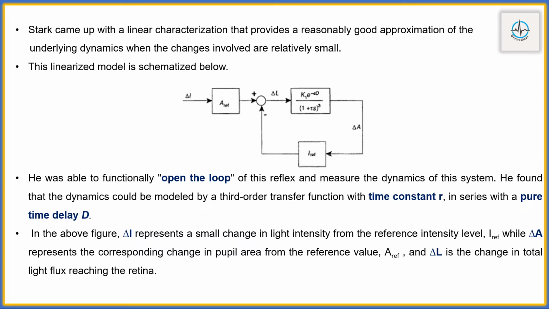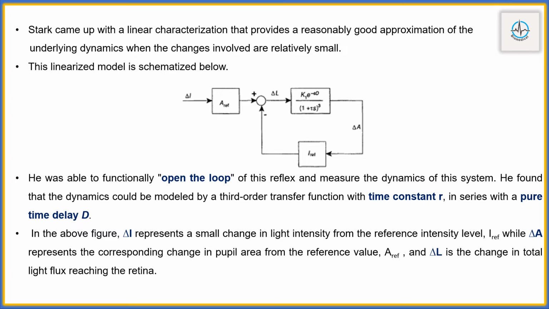Stark came up with a linear characterization that provides a reasonably good approximation of the underlying dynamics when the changes involved are relatively small. A linearized model which can replace the physiological block diagram given in the previous slide was developed. He was able to functionally open the loop of this reflex and measure the dynamics of the system.